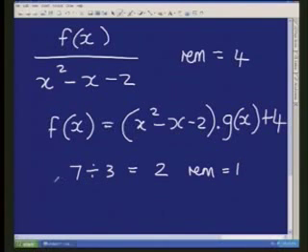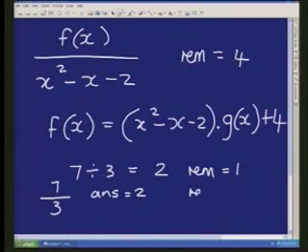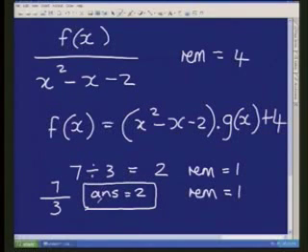This is the quotient. The quotient is the answer you get, and the remainder, we know what the remainder is.